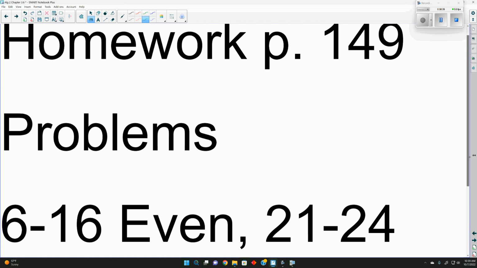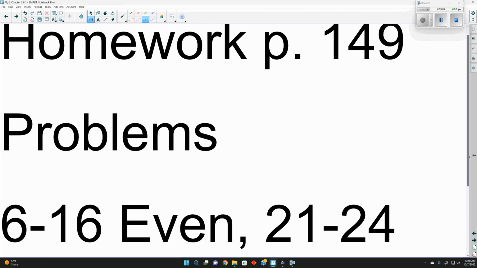So the assignment on that worksheet on the back, 6 through 16 even. You're doing those to use the quadratic formula to solve each one of those. If you want to use your graphing calculator to check your solutions, you can. 21 through 24, find the discriminant of the quadratic.